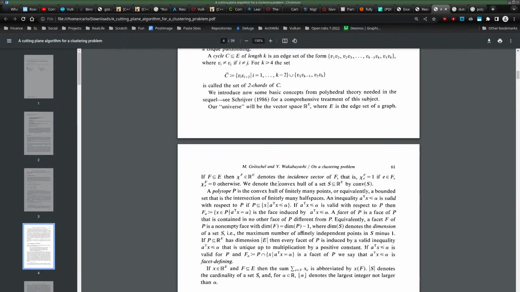We denote the convex hull of a set S subset of R^E by conv S. What does that mean?